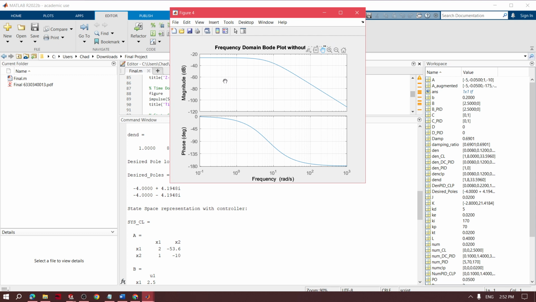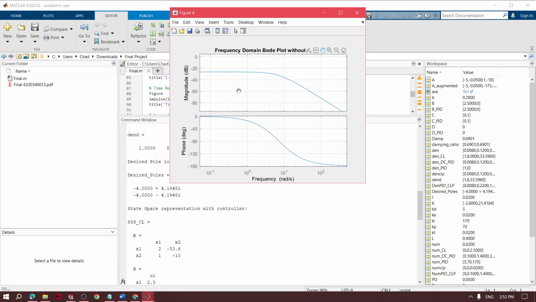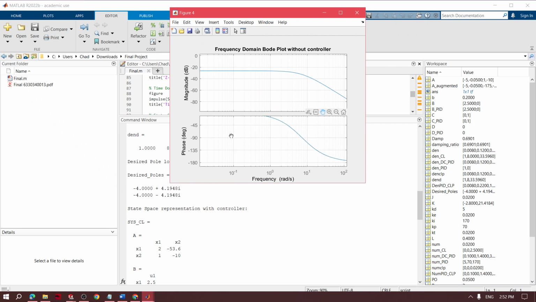The magnitude is 0, -20, something like -22 or 23, and the phase is in 0 to 180 degrees.